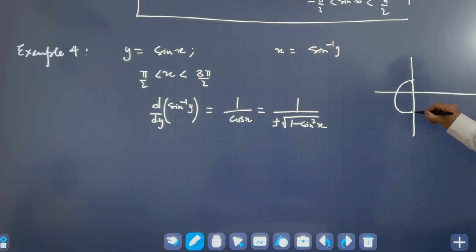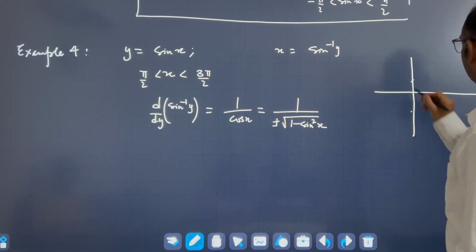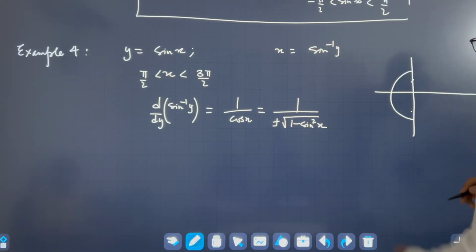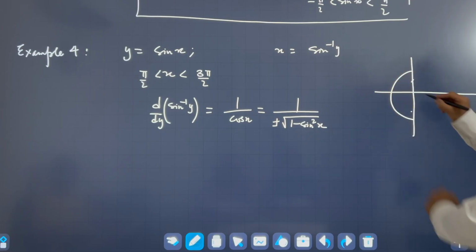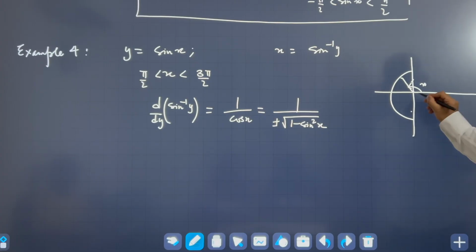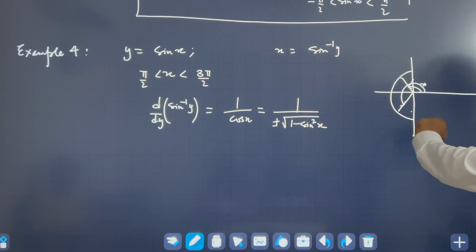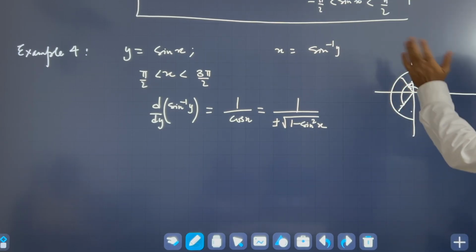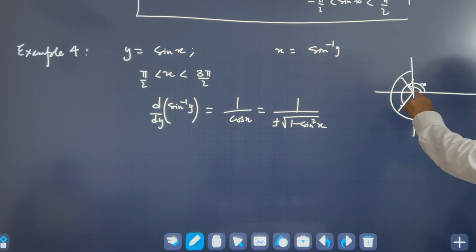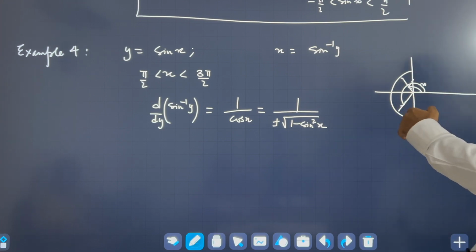So from here to here, when your x lies, these are your x. Agreed? These are the possible values, all possible values. Cos in this is base upon hypotenuse. Hypotenuse is always positive, so base is going to be always negative, right?